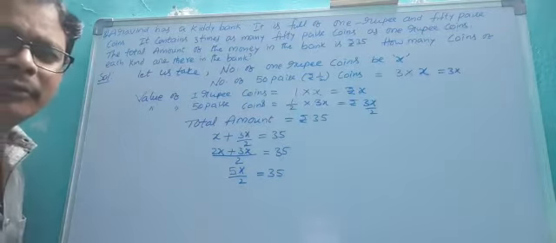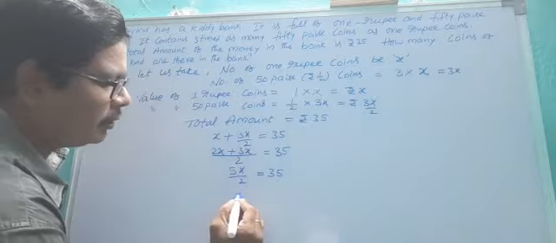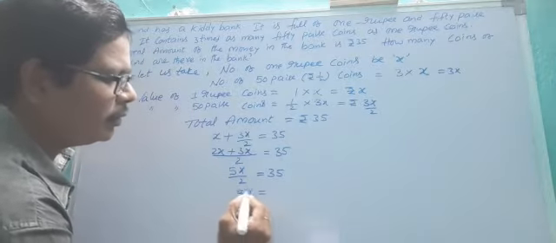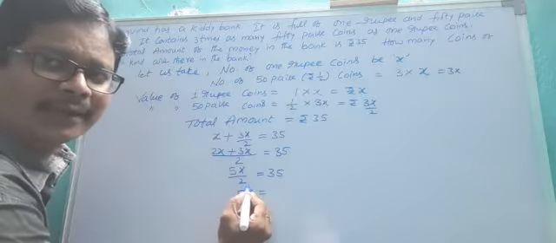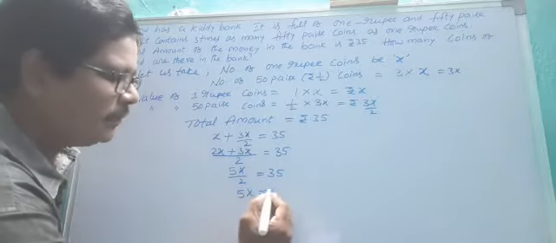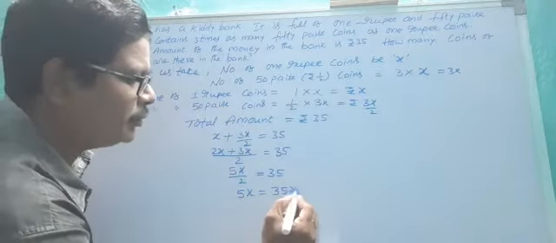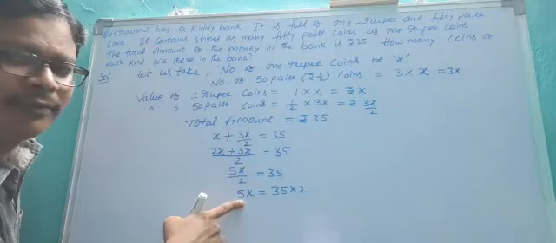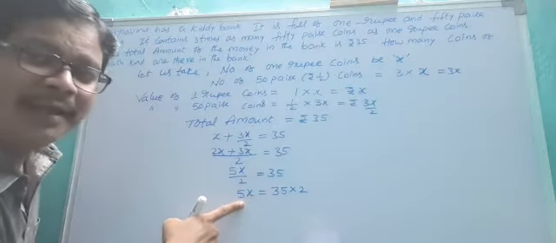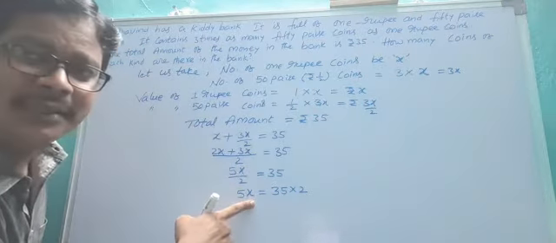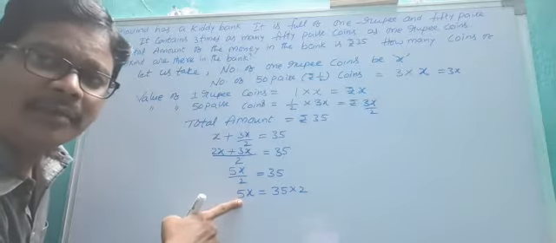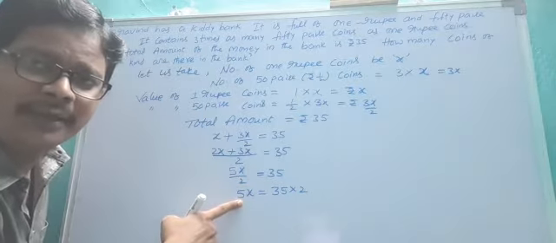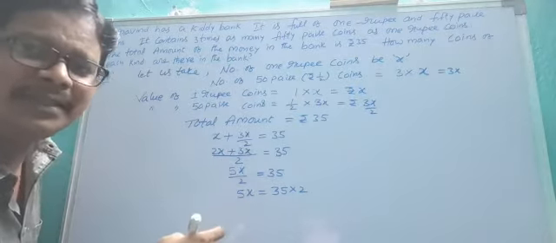What do we want? We want to find the value of x. So 5x equals 35 into 2, because 2 is a divisor and on transposition it becomes multiplication. Here 5 is multiplied with x, so after transposition it becomes division.